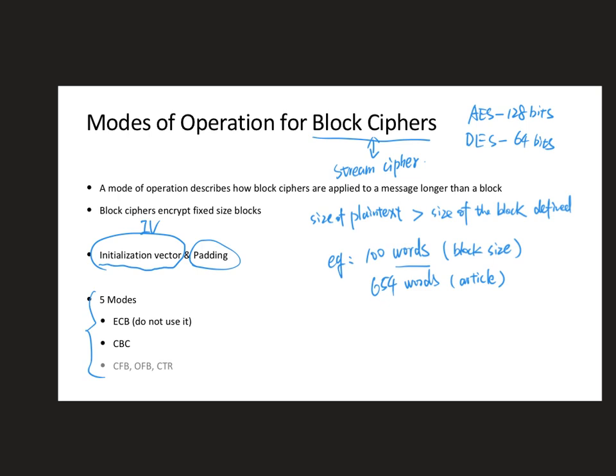Cipher modes mask patterns by cascading outputs from the cipher block or other globally deterministic variables into the subsequent cipher block. The simplest of the cipher modes is the ECB, which is electronic codebook.